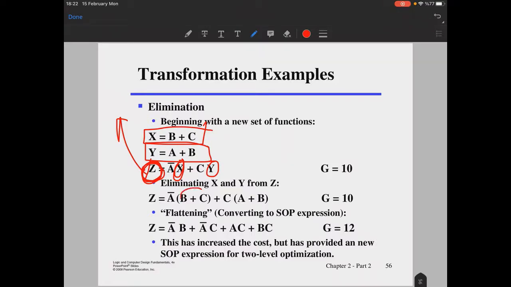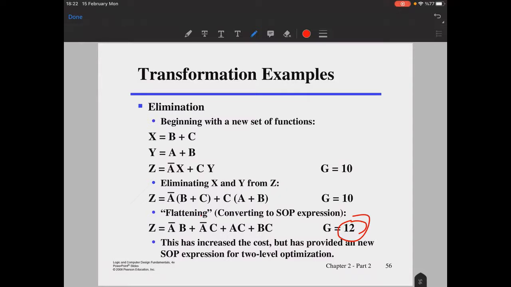You put them in their places, you expand them, and then flatten it, it becomes a sum of products expression now. Temporarily, it's pretty interesting that it has raised the cost up to 12. But it gives us a new view for making a simplification here.